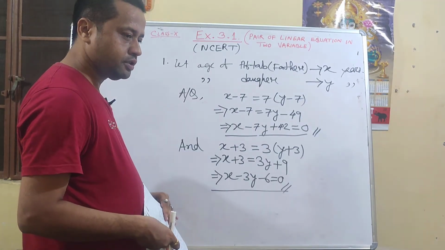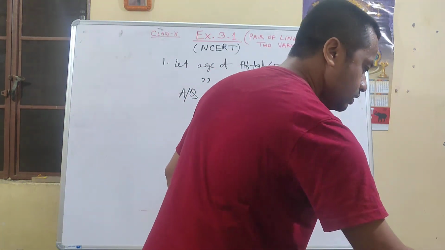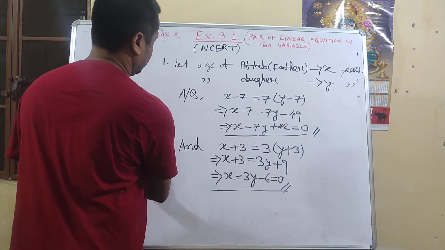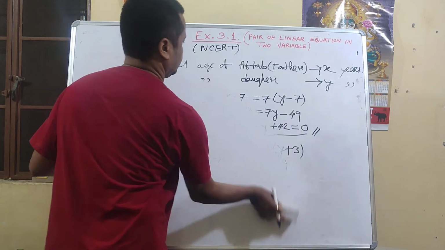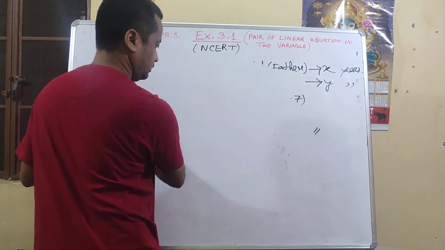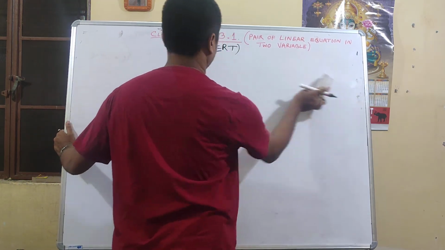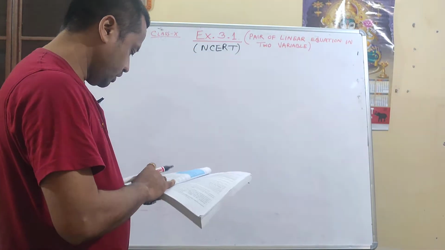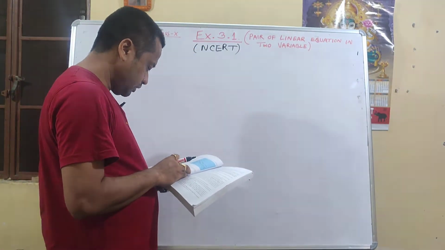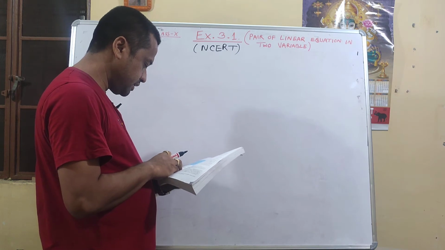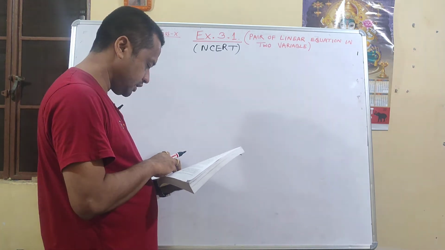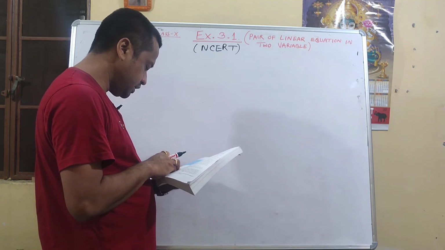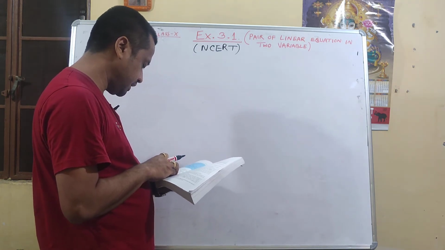So let us go to question number 2. The coach of a cricket team buys 3 bats and 6 balls for rupees 3,900. Later she buys another bat and 3 more balls of the same kind for 1,300. Represent this situation algebraically.